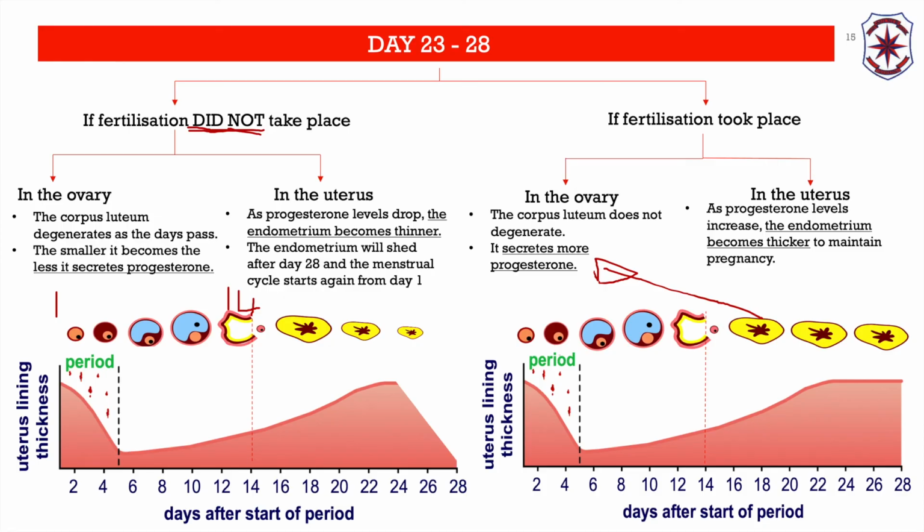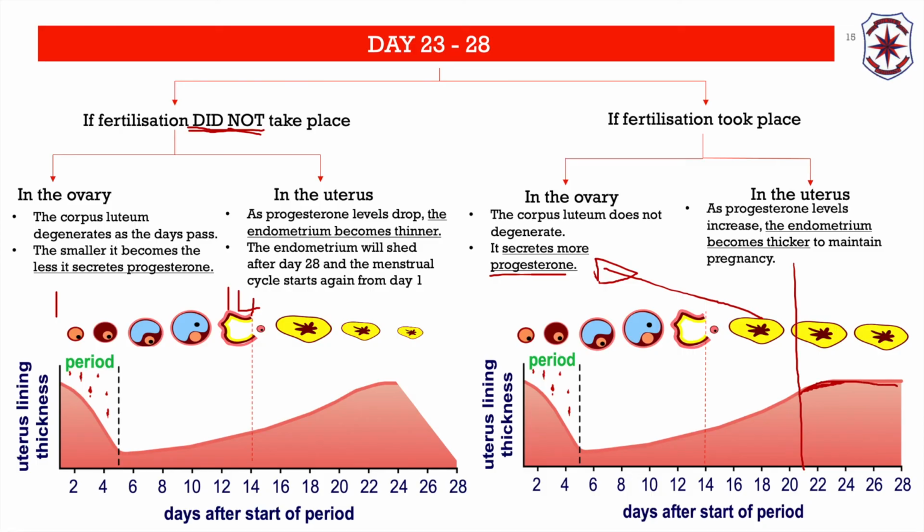Let's see on that graph over there. So, remember, we are looking after day 22. The corpus luteum does not degenerate. It produces more progesterone. And then, as you can see, the levels of the endometrium continue to increase.